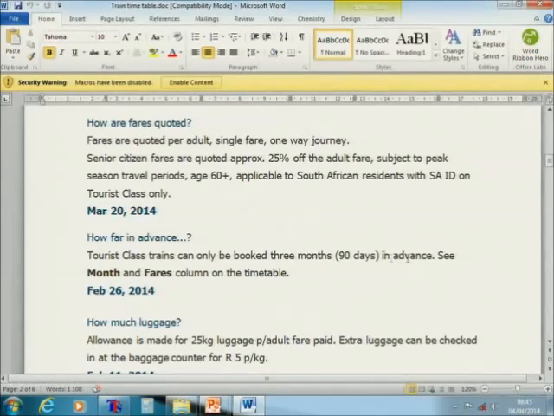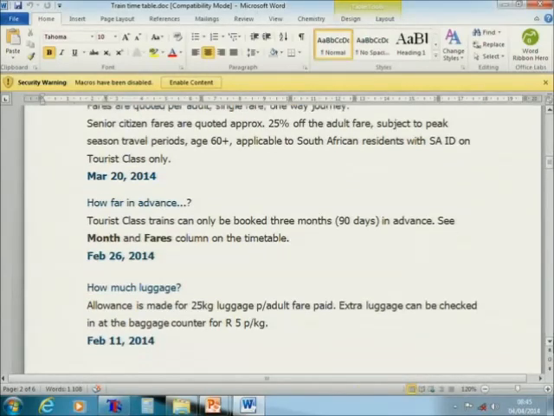Senior citizens' fares are quoted approximately 25% of the adult fare, subject to peak season travel periods. The age is 60 years and above, and it is only applicable to South African citizens with South African IDs, on tourist class only.